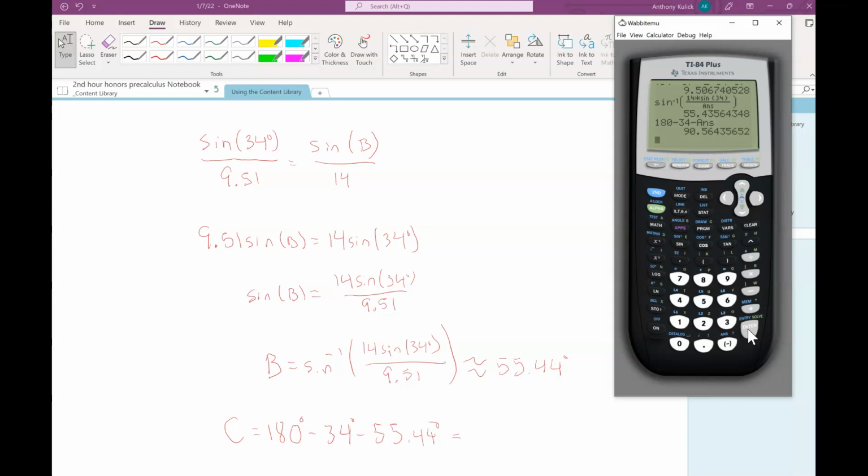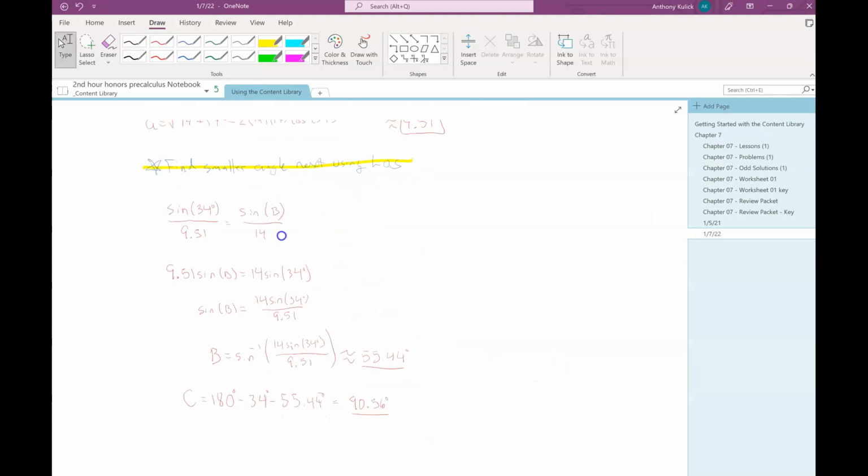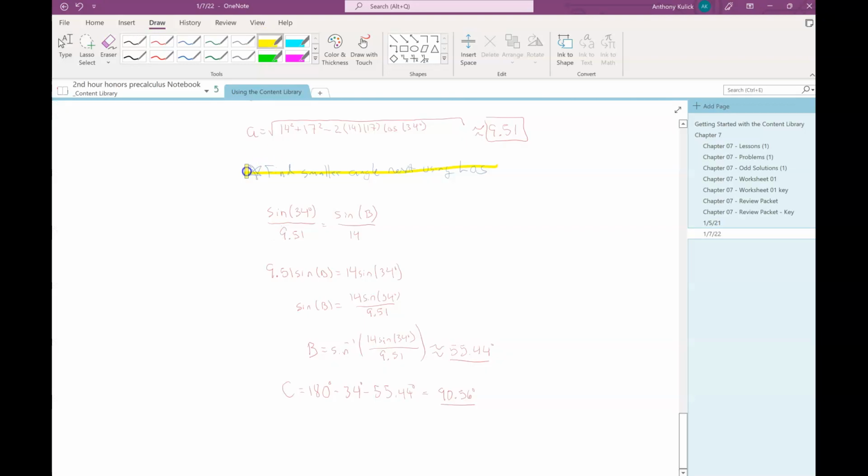So 90.56. Feel okay here, guys? The only tricky part here is just remembering at that second step when we break out the law of sines to make sure that you're finding the smaller of the two angles next.